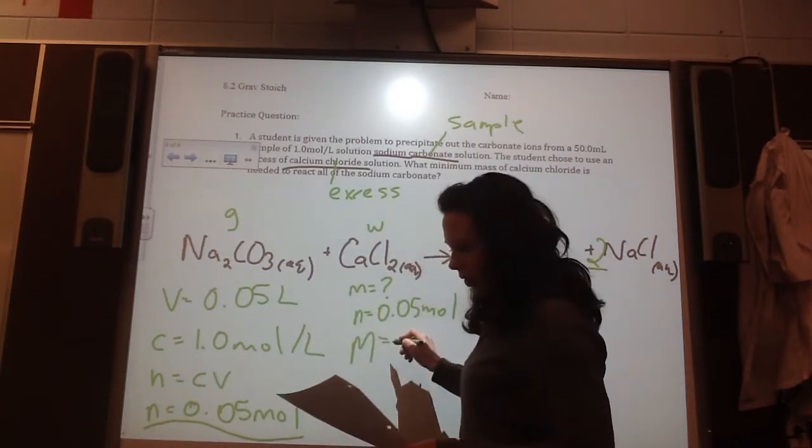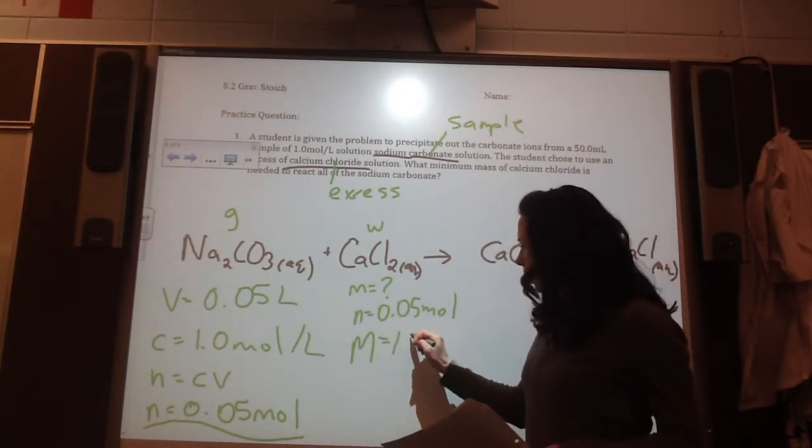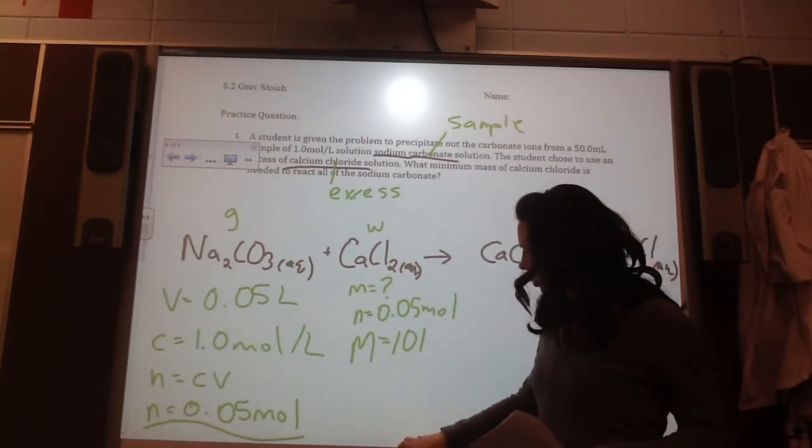What's my molar mass for calcium chloride? 110.9.